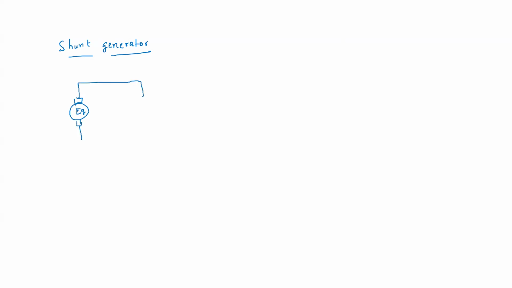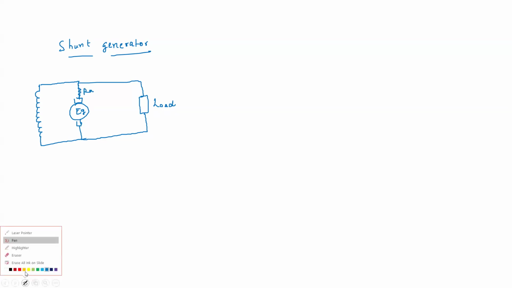Then here we have the load. And then here only we have the field winding. Okay, now let me draw the armature resistance. So RA is here. So let me draw it clearly.